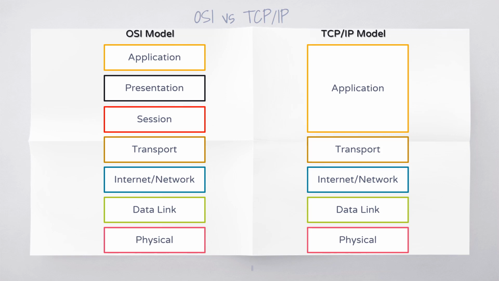That means it was already in implementation, already in action, and a lot of time as well as money was invested to develop and implement the TCP/IP model. If the implementation had to change to the OSI model, it would require a lot of time and a lot of money. Because of that, many vendors chose TCP/IP over the OSI model.